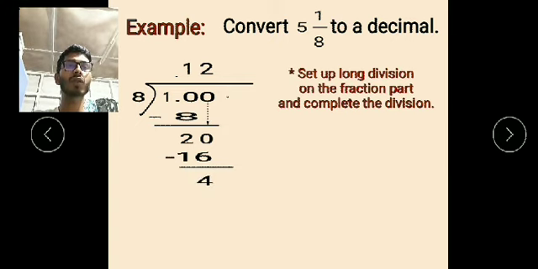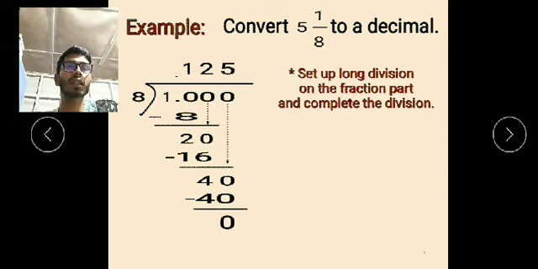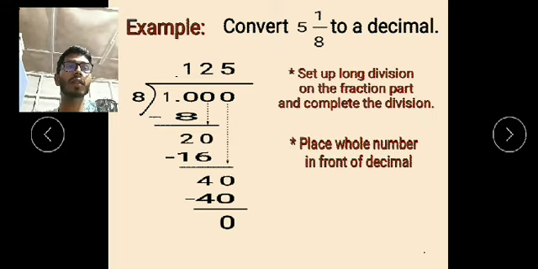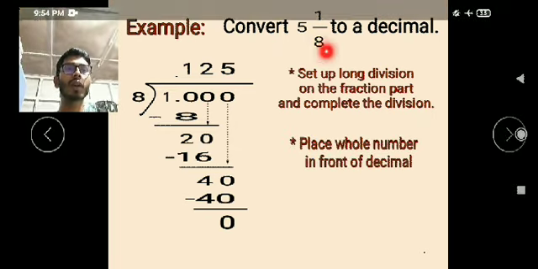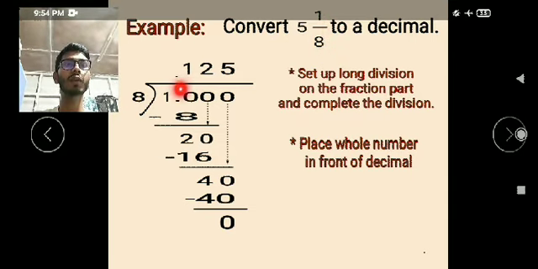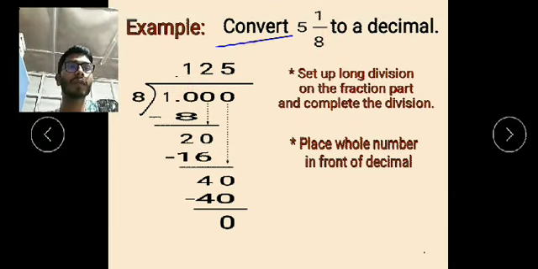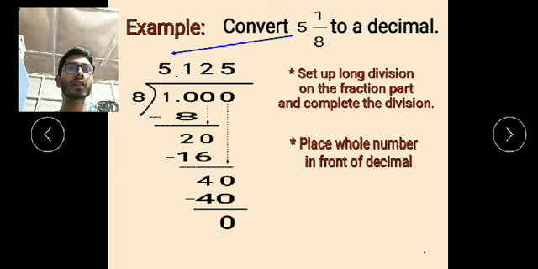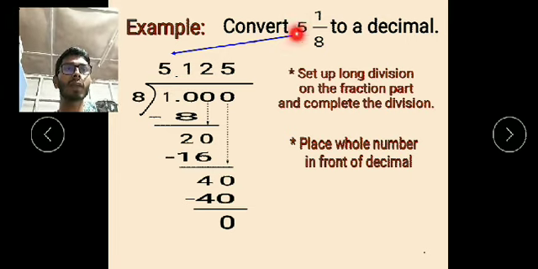Again put a 0. So now 8 5s are 40. So how much did you get? You got the answer as 0.125. So this 1 by 8 will give you 0.125. Now the whole number 5, just add it in front.